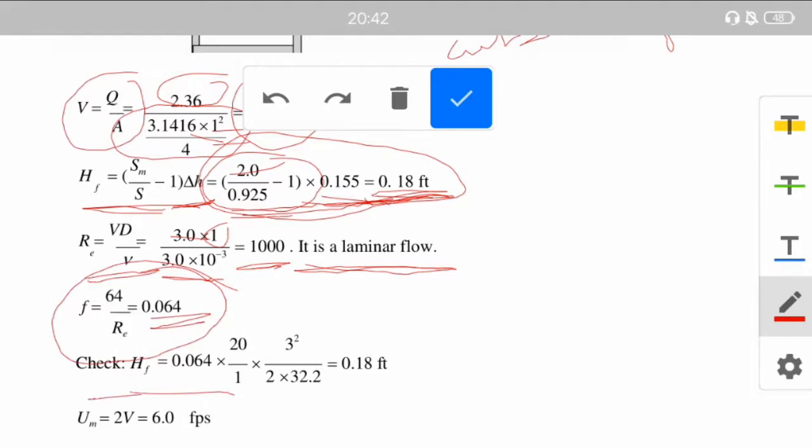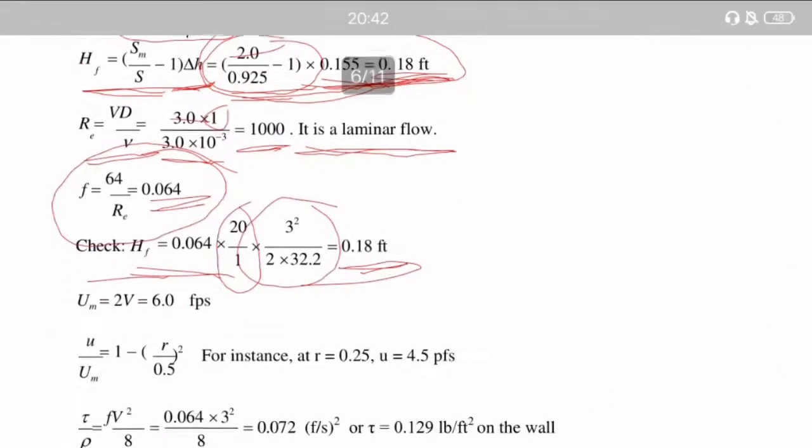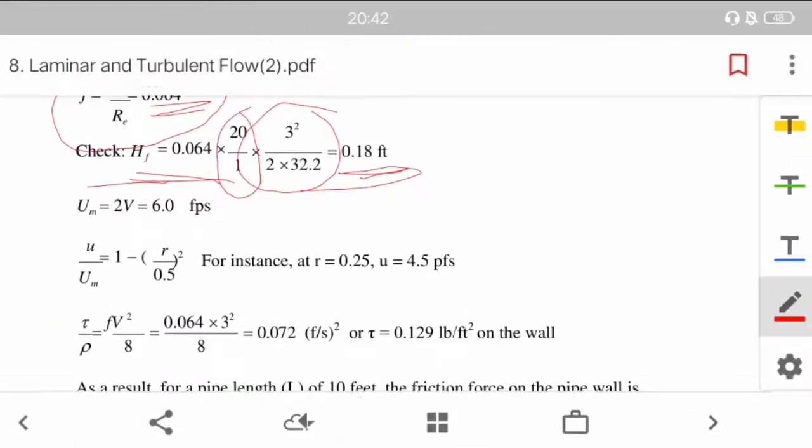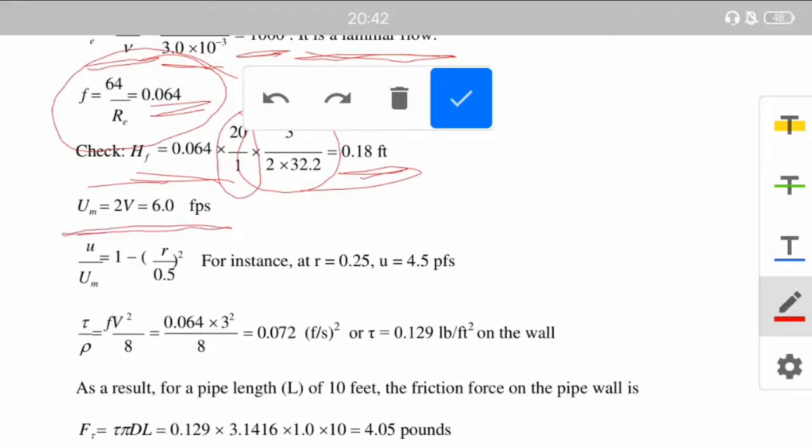Now check, that is hf is equal to 0.064 times 20 upon 1 times 3 square upon 2 times 32.2, that is 0.18 feet. So this is a check, and therefore umax is equal to 2 times the velocity, that is 6 fps, because we know that the velocity at the center is half of the free stream velocity.